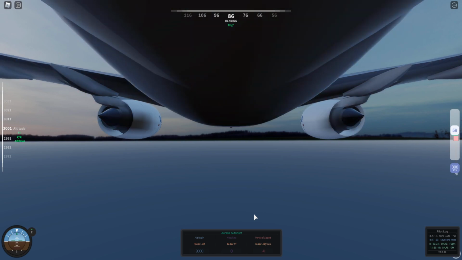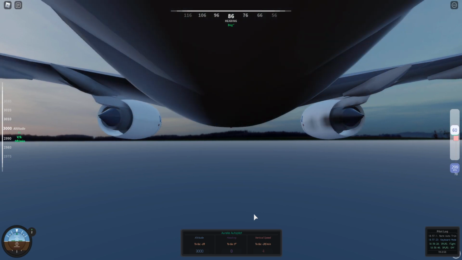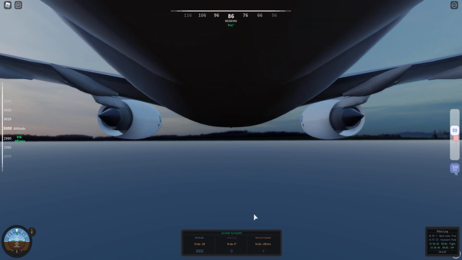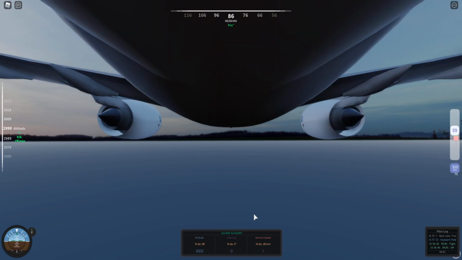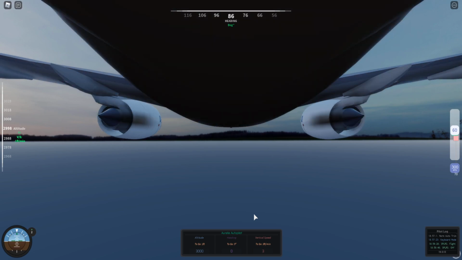And whatever Boeing plane that is, if the Del Nina airport hasn't released by then or debuted by then, we'll be the one to launch the Del Nina airport. I think at the rate I'm going anyway, the Del Nina might be out even before that. It might be out actually A321 time. So who knows? But anyway, that's the video.